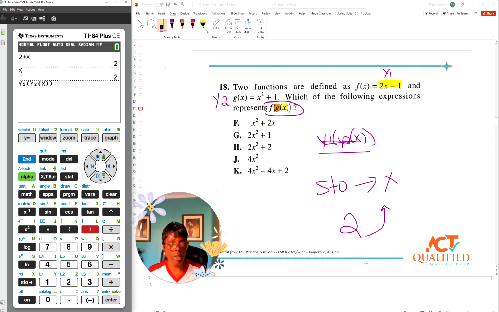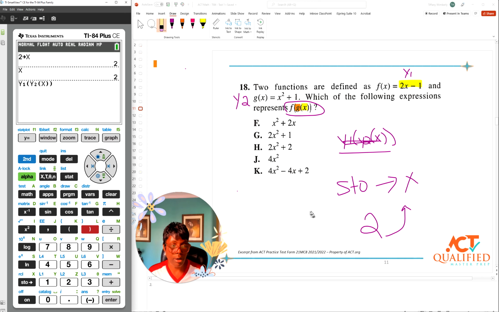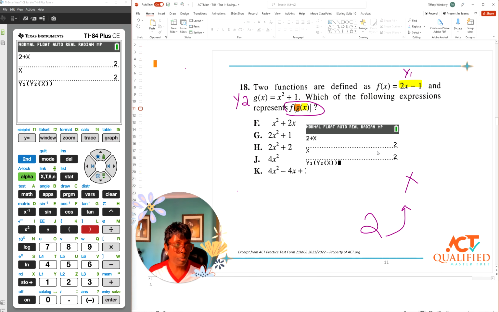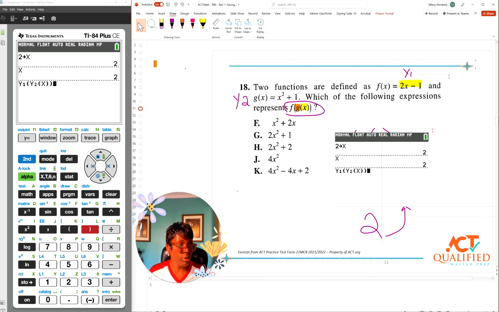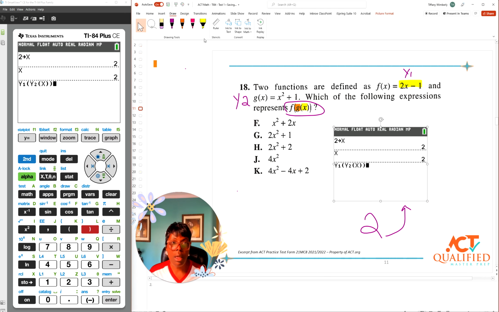So notice what I've entered here. I'll push it over some so that you can see it. What I've entered here is exactly what you see here, but substituting y1 for f and y2 for g. And remember, the number 2 is stored into x.